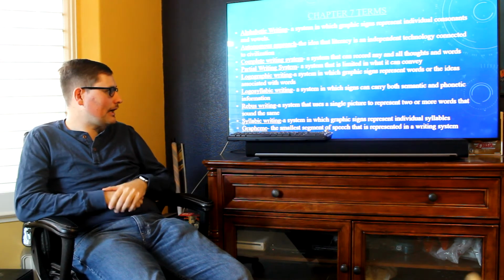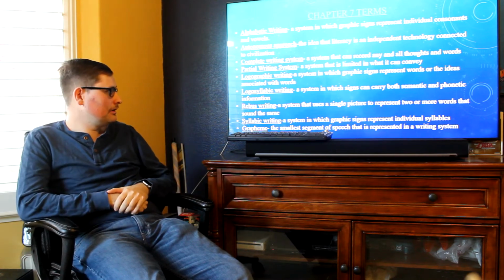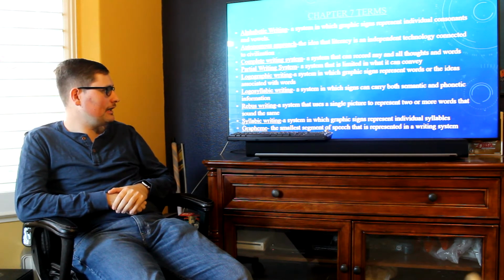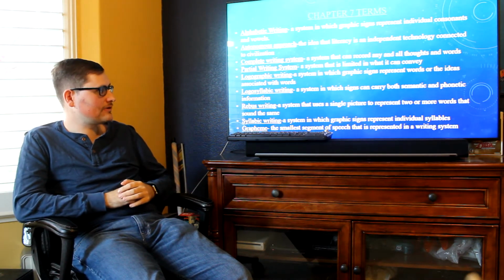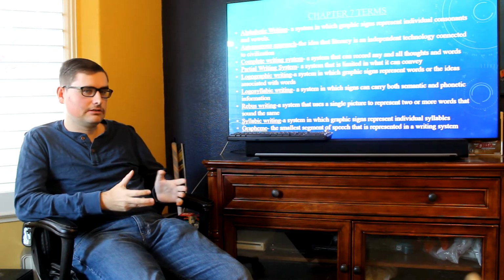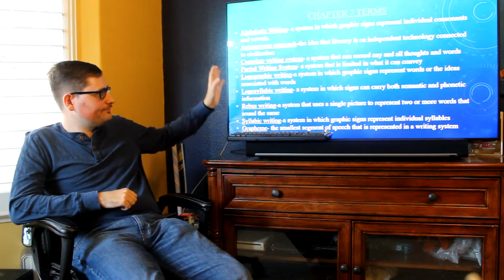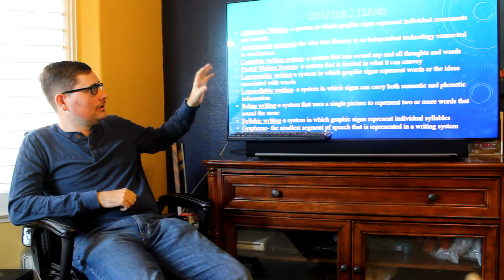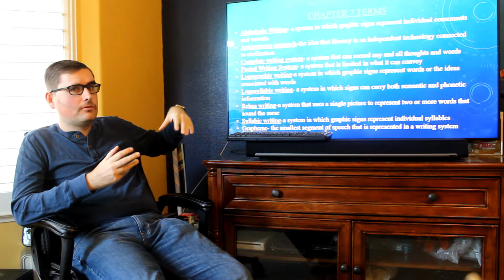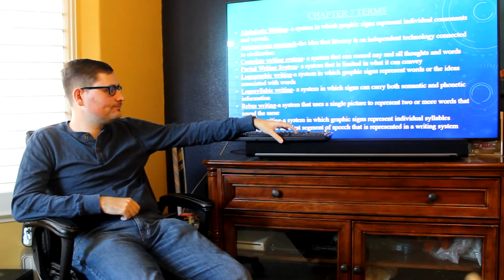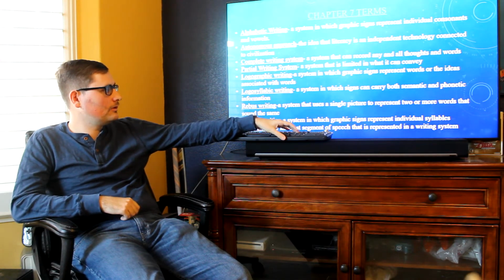And then the last writing from chapter 7 was symbolic writing, a system in which graphic signs represent individual syllables. So from chapter 7, I chose the main terms or concepts to use.